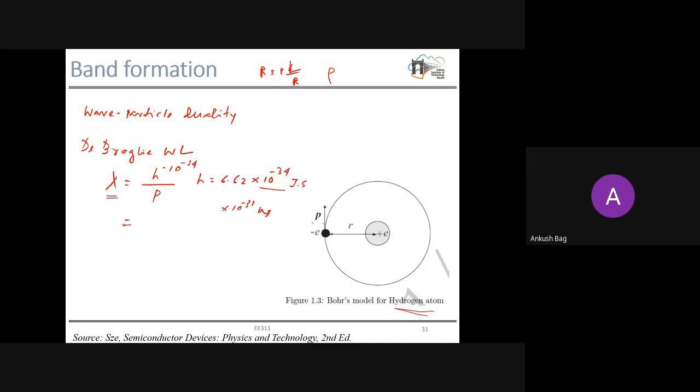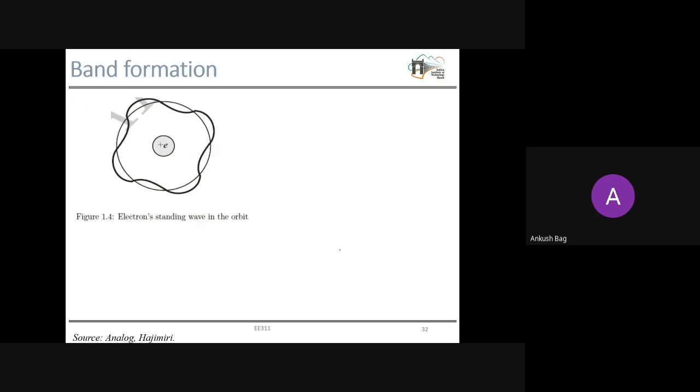So what will be the behavior when we consider electron as wave? It will behave something like this. So this is the behavior of this atom, or hydrogen atom, when we are considering the electron as a wave, because then it will take this wave behavior.